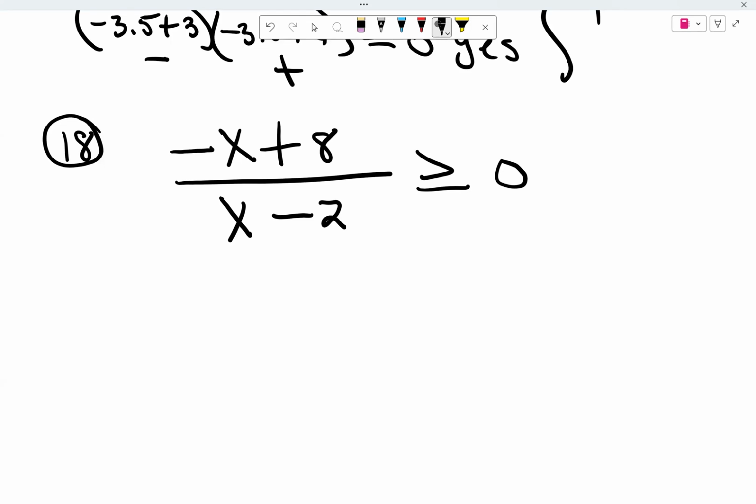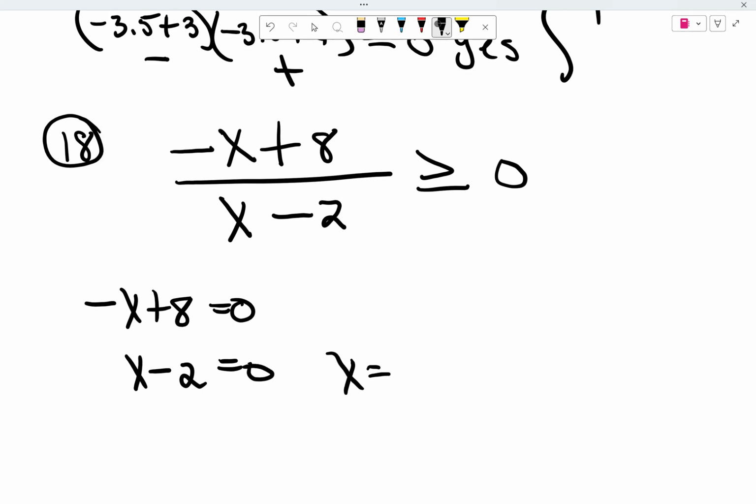Whenever you have this type of question, you're going to say negative x plus 8 equals 0, and you're going to say x minus 2 is equal to 0. So in this one, obviously x is equal to positive 2, so that's one of your cutoffs.